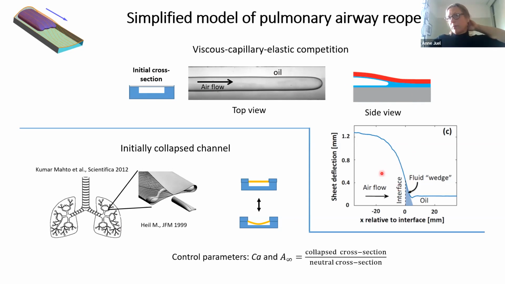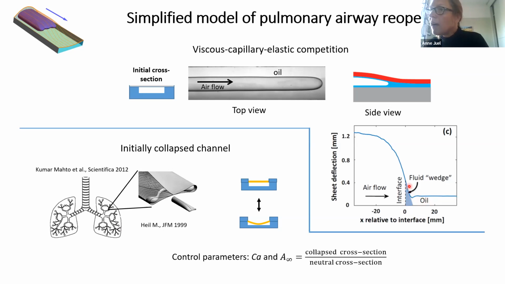And that can be measured in the experiment, and you can plot out the sheet deflection, this line here, as a function of distance, relative to the interface, which is at 0. The airflow is coming from the left, and you have the interface about here at 0, and you have a steep deformation of the elastic sheet on top, and then far ahead you have an undeformed oil layer.